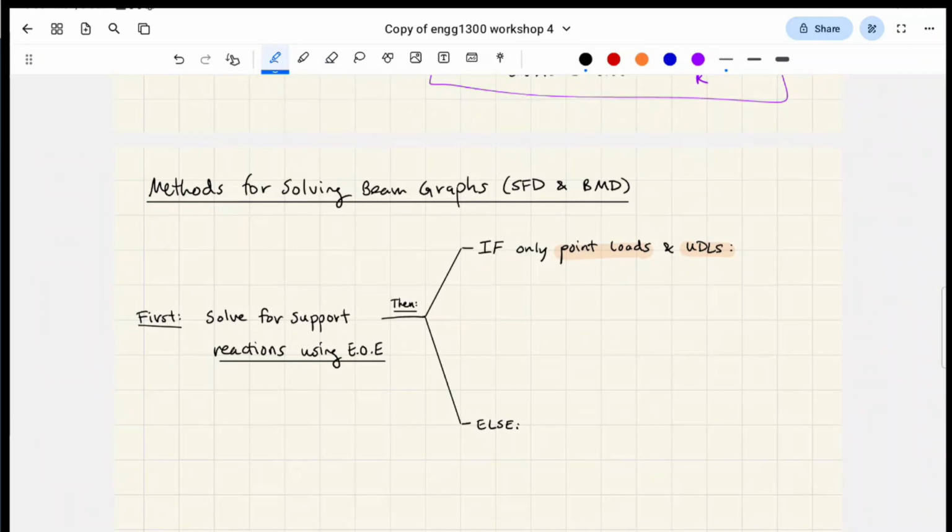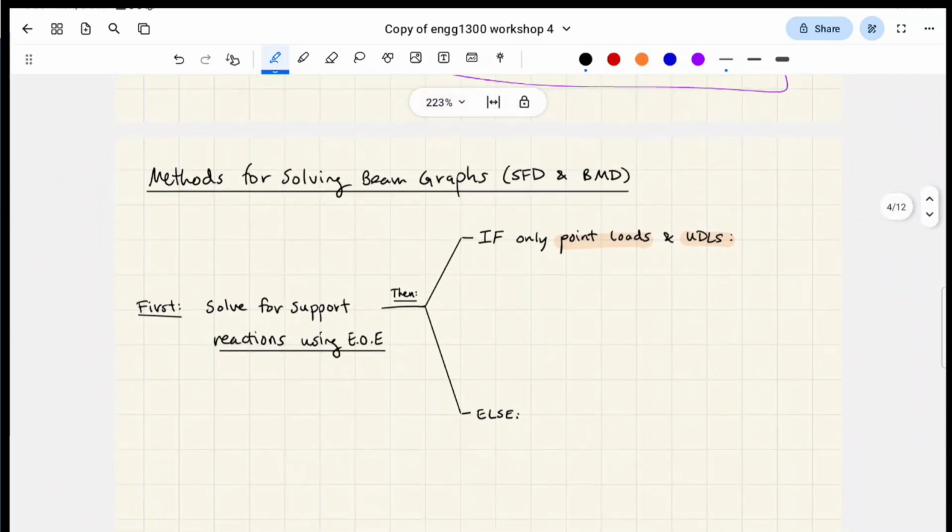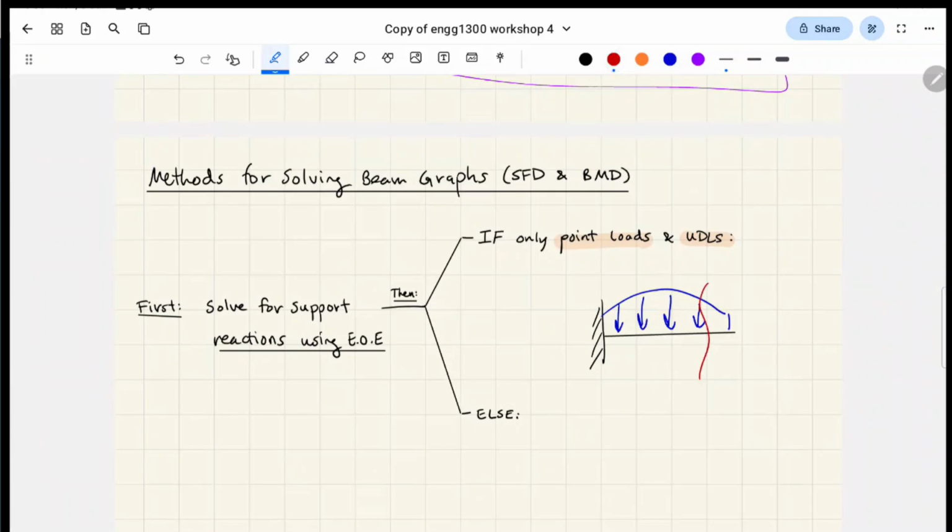Actually, I can think of an example where you don't need the support reactions. So let me just draw one. This is a cantilever, and say we have this complicated load on it. If you take the cut from point A to B, you can choose to go left to right or right to left when you're solving this.